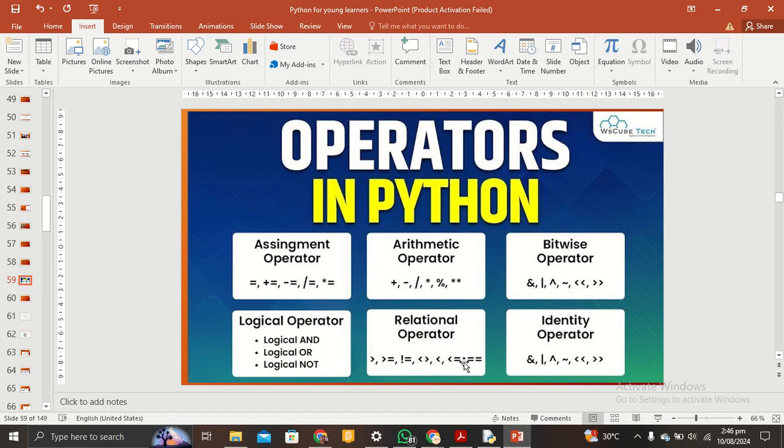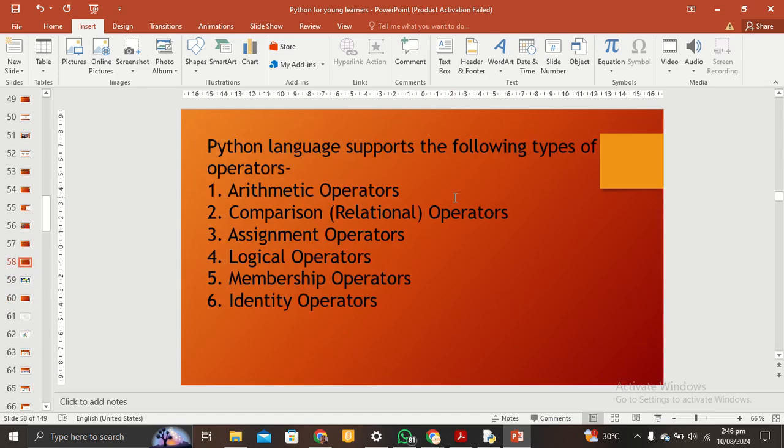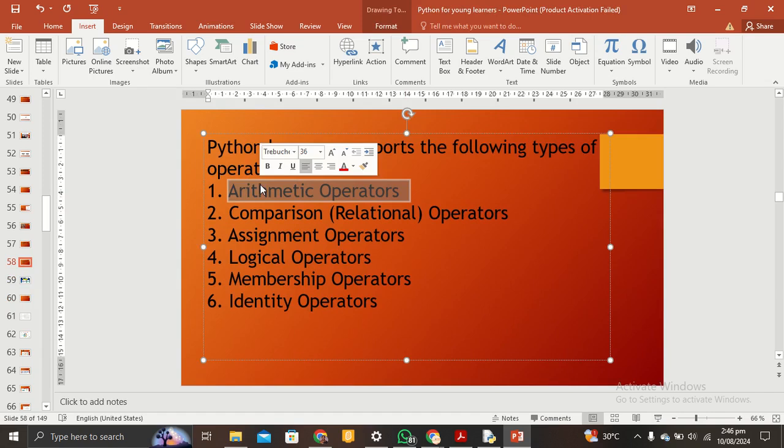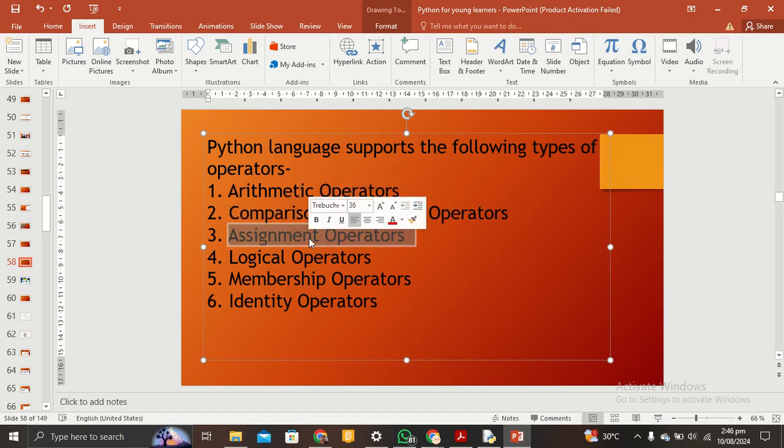We will talk about arithmetic operators, comparison operators, assignment operators, logical operators, membership operators, and identity operators. These are the 6 operators I have here.